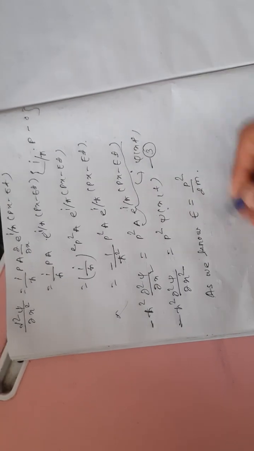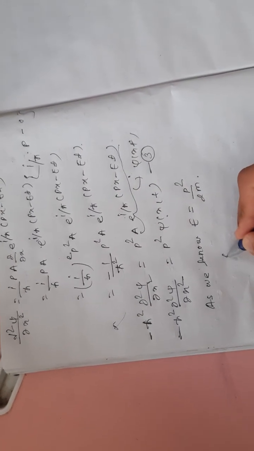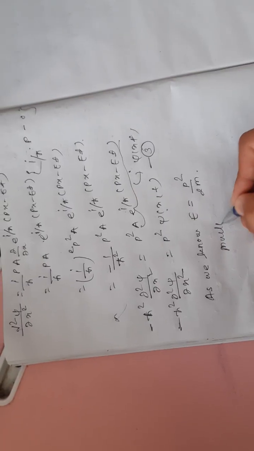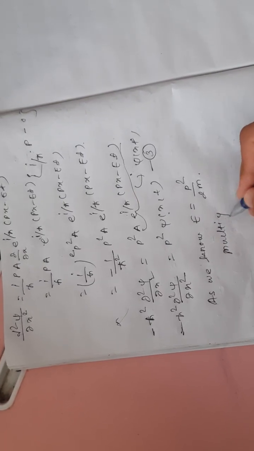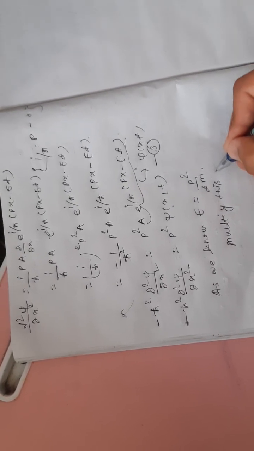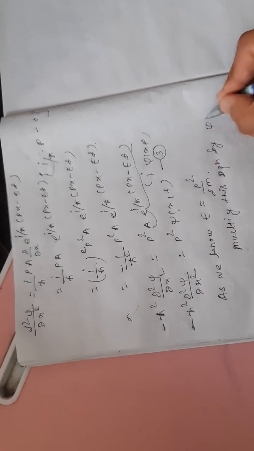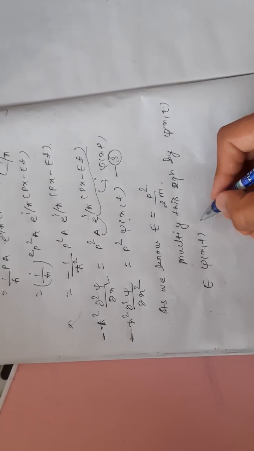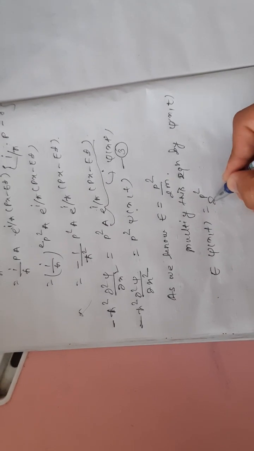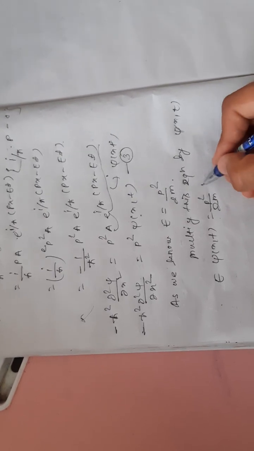Taking equation 3 and multiplying this equation by ψ(x,t), then Eψ(x,t) will be equal to p²/2m times ψ(x,t).